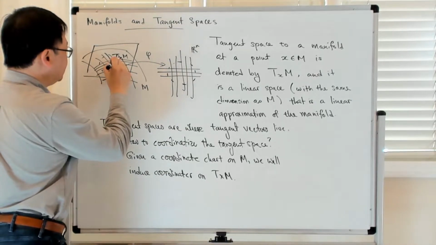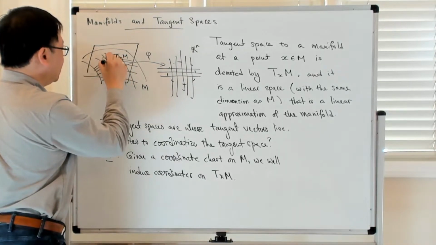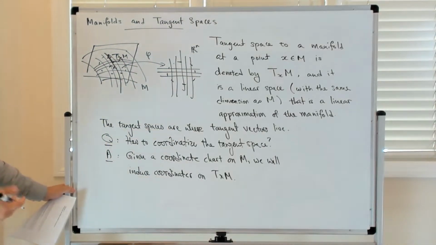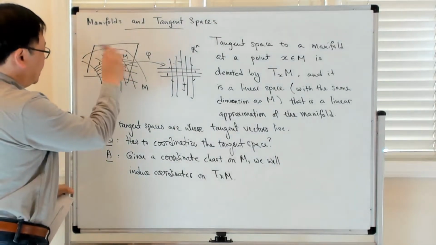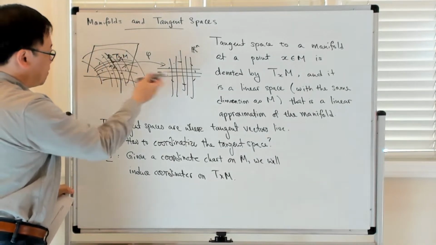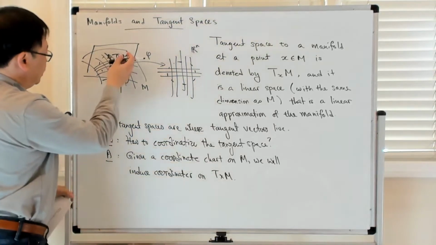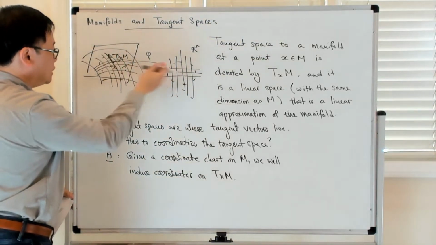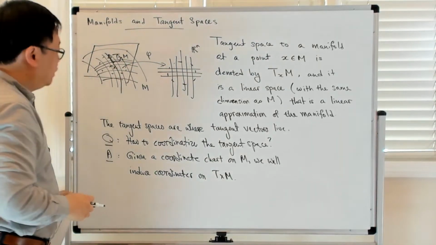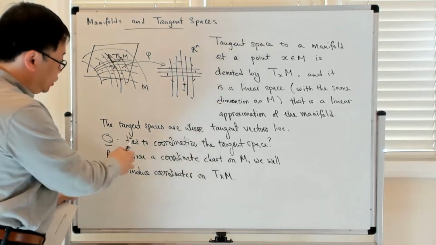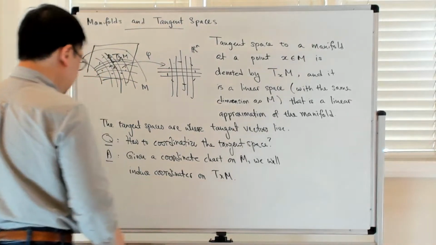So you can look at the tangents to those curves, and the claim is that the tangents to these coordinate lines, the pulled back coordinate lines, then form a basis for the tangent space, okay?